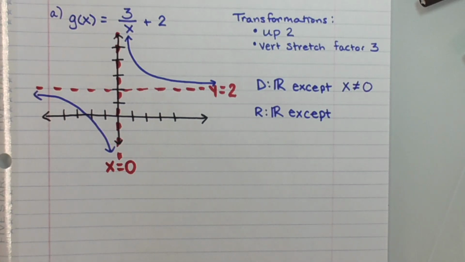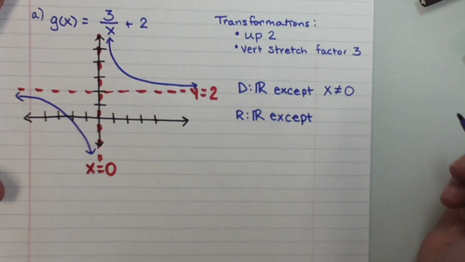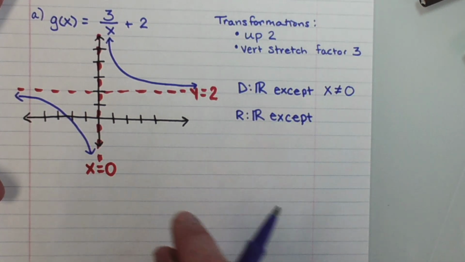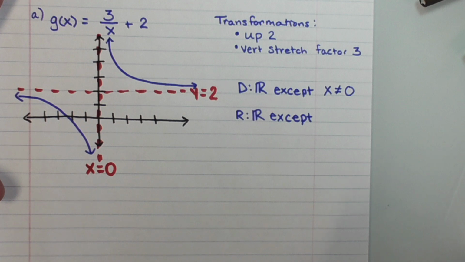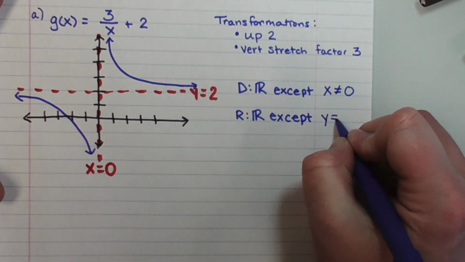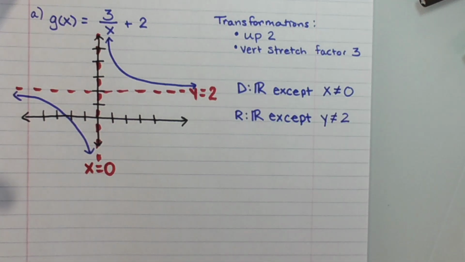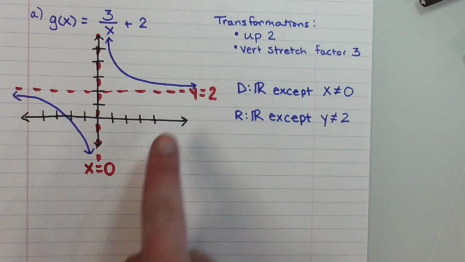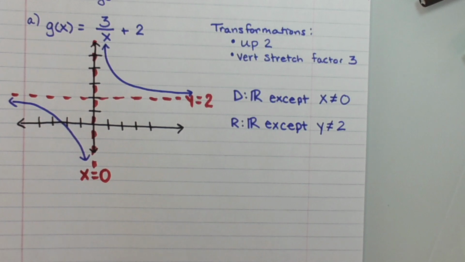So x not equal to 0. What is the range not allowed to be? Not this time. 2. It's not allowed to be the asymptotes. So y is not allowed to be equal to 2 because that's where that horizontal asymptote is.